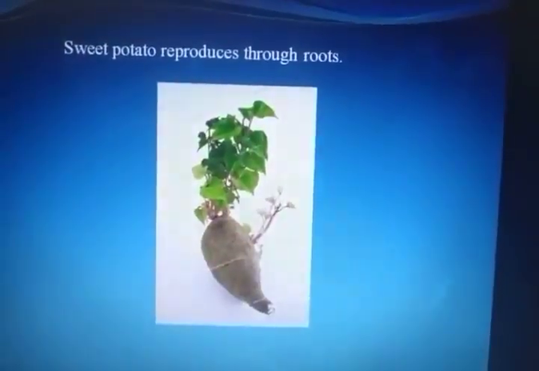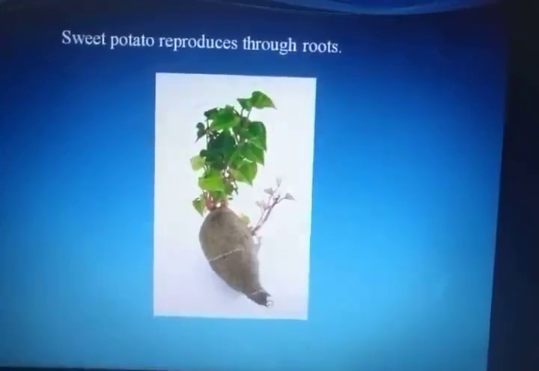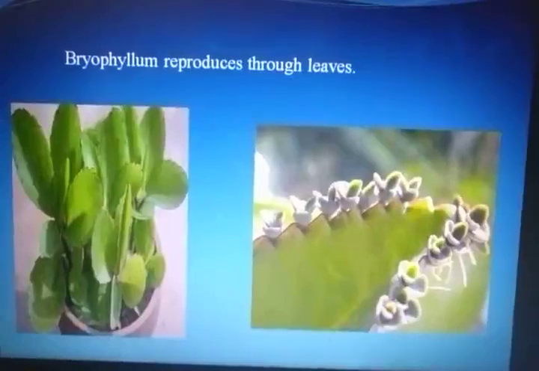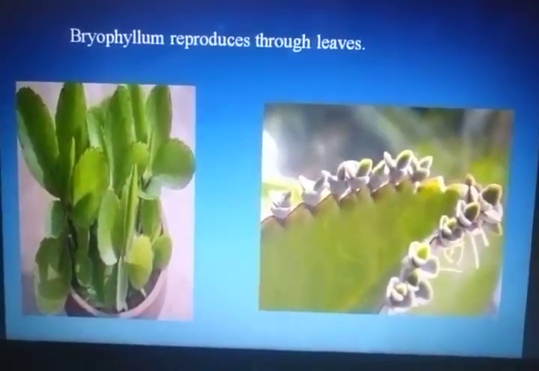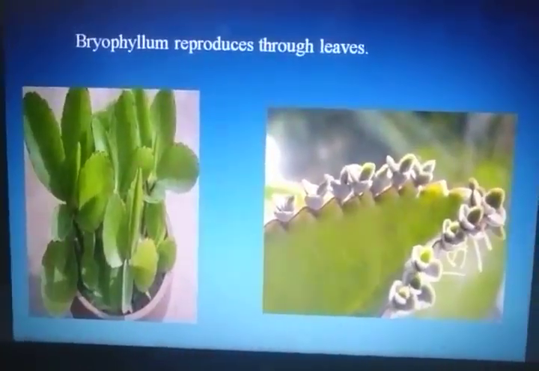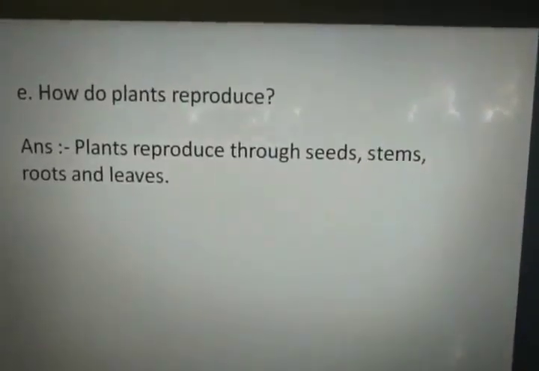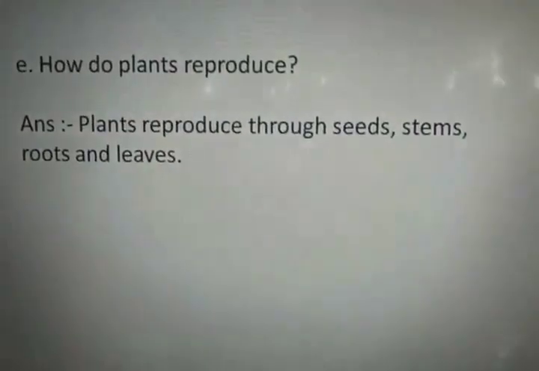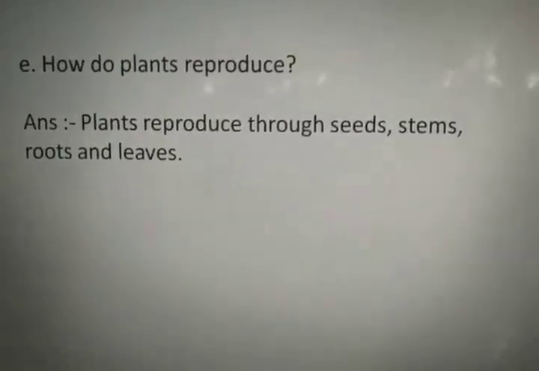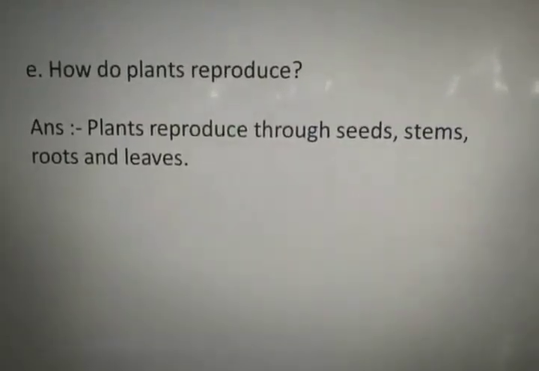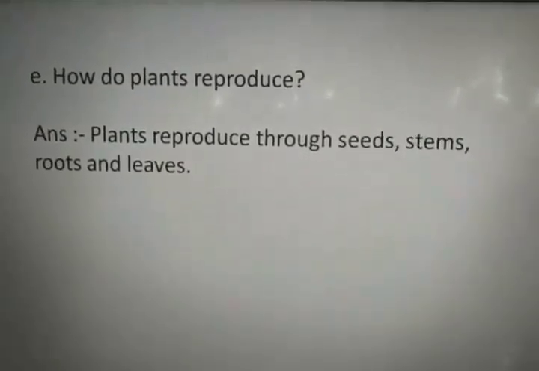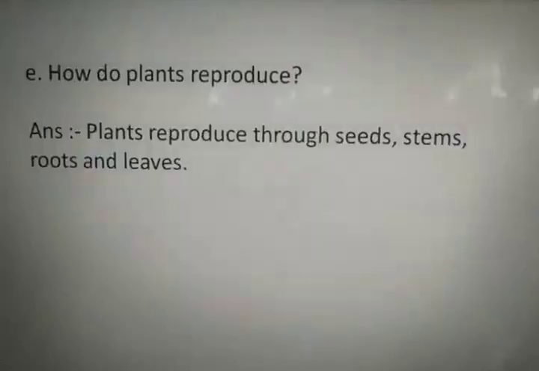They can reproduce through roots in case of sweet potato, or even through leaves, for example the bryophyllum. So plants reproduce through seeds, stems, roots and leaves. These are the different modes by which plants can reproduce.